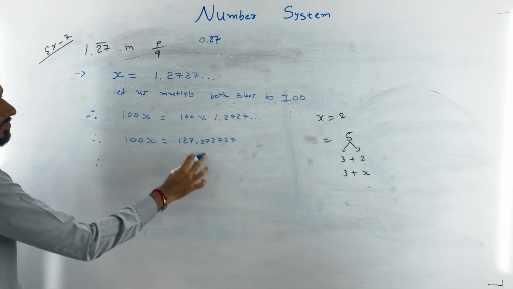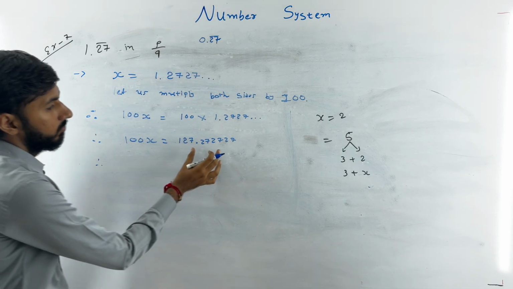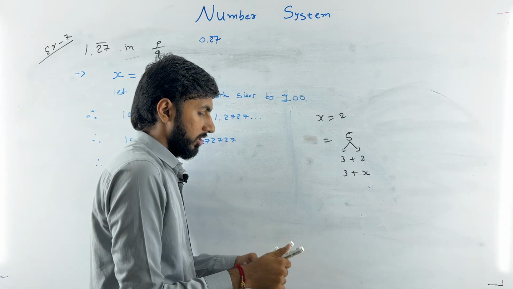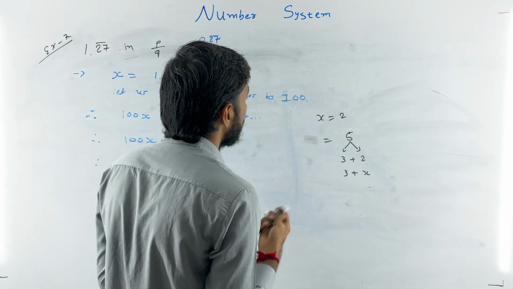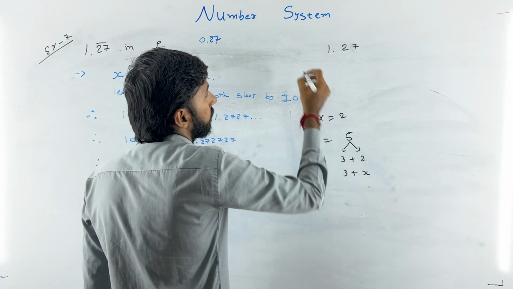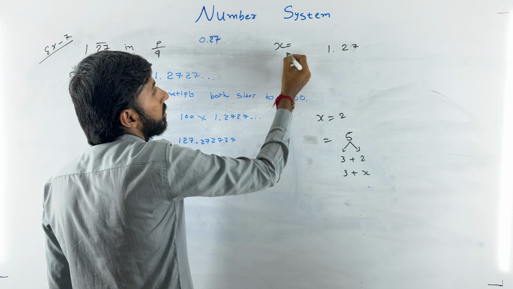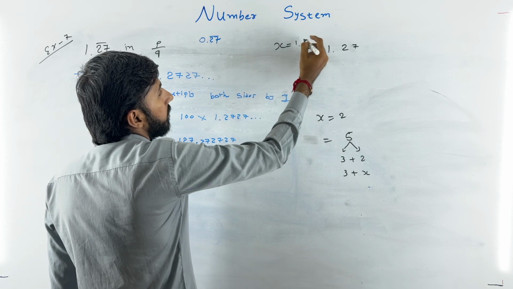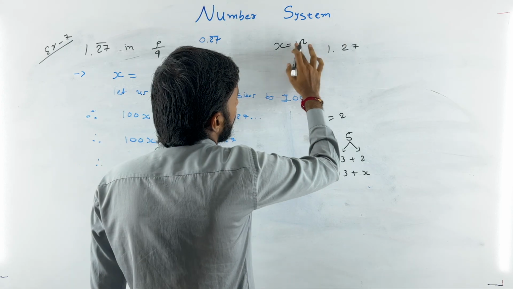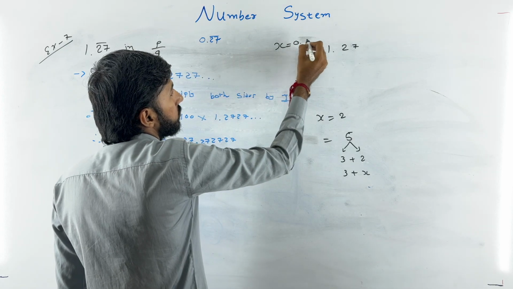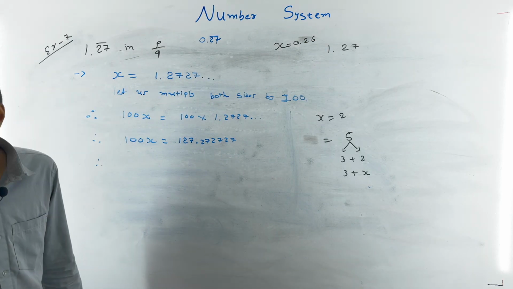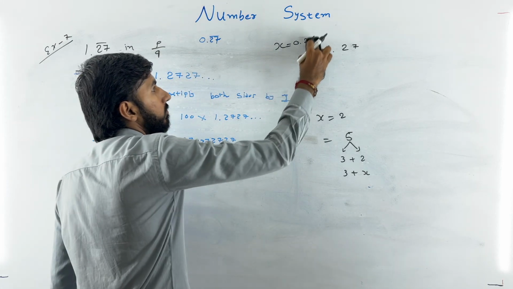Now here comes our most important step, and that is I have to separate this number in such a way that I can use x. Just let me give an example so you can understand it. Here is 1.27 and I have assumed x equal to 0.17, right.